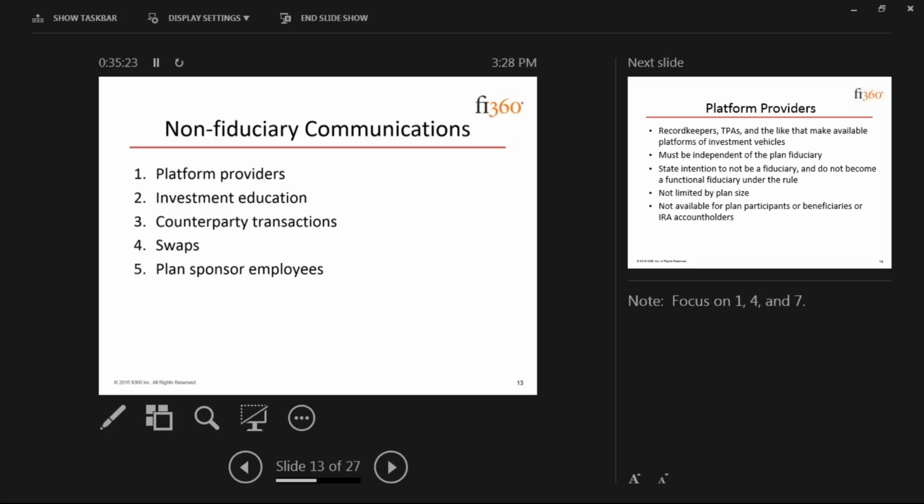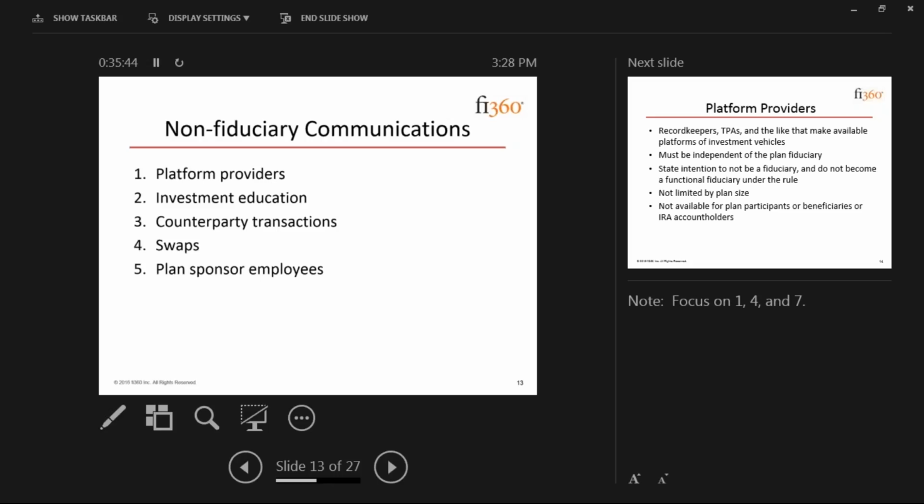That wouldn't fly. And even if an HR employee was paid a certain amount, and then once the rule takes effect, they began to provide advice and were paid extra for the advice they were providing, that would violate the spirit of this carve-out or non-fiduciary communication as well.